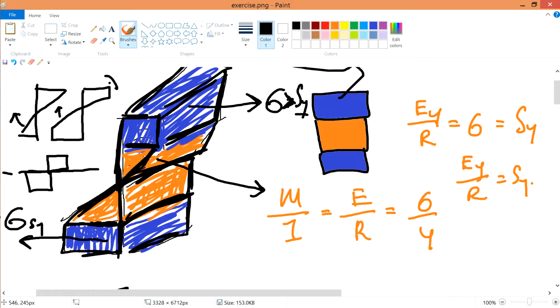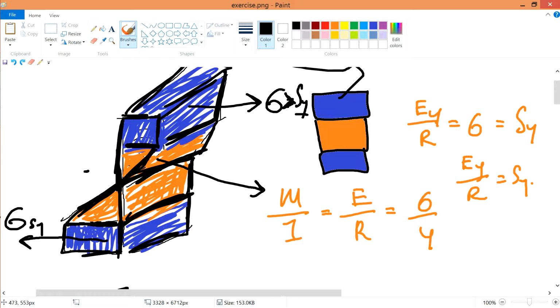So it's actually going in this direction, and therefore we say that this direction is the minus, and therefore I can simply say that this is a minus Ey over R, which can also be rewritten as E over R is equal to minus SY. Alright, so these are all the stresses that act upon all these colors.